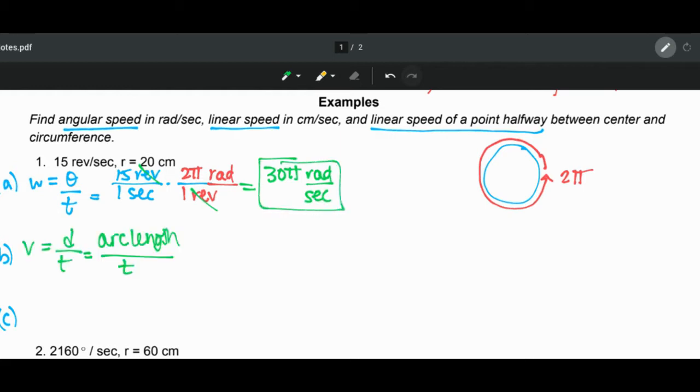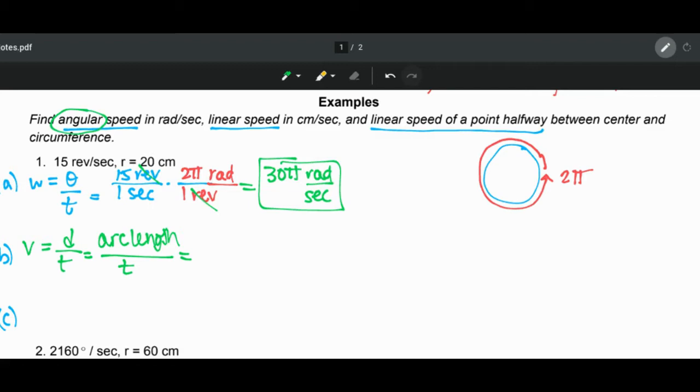So for part B, we're going to use the formula velocity equals distance over time, or arc length over time. For arc length, we need to know the radius times the angle, and the angle is also known as the angular speed in this situation.